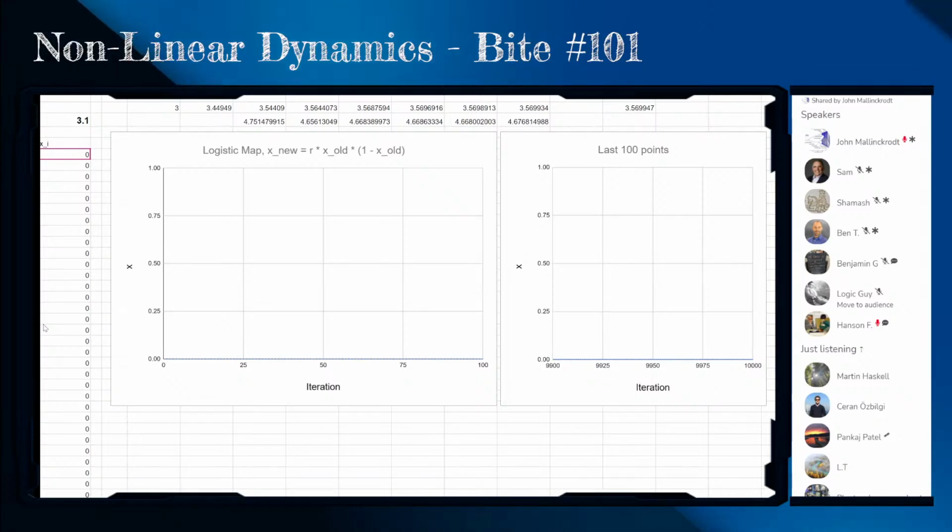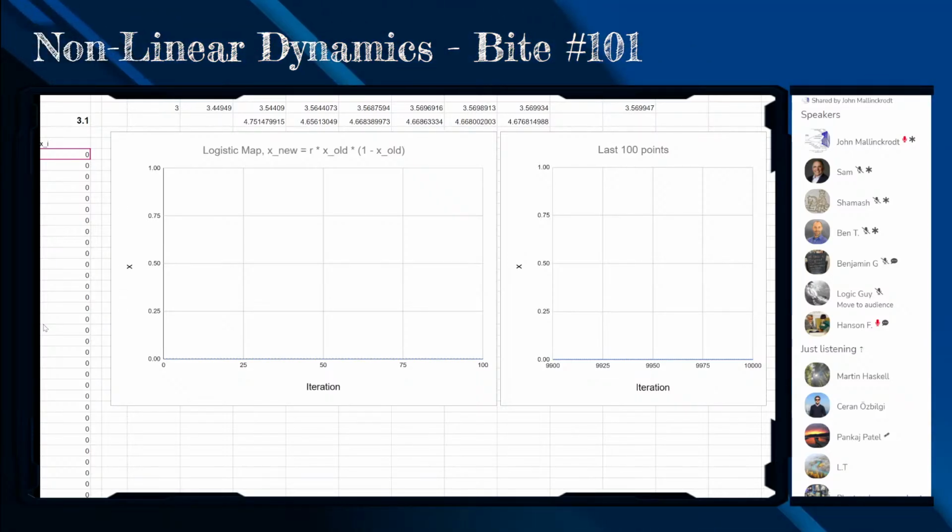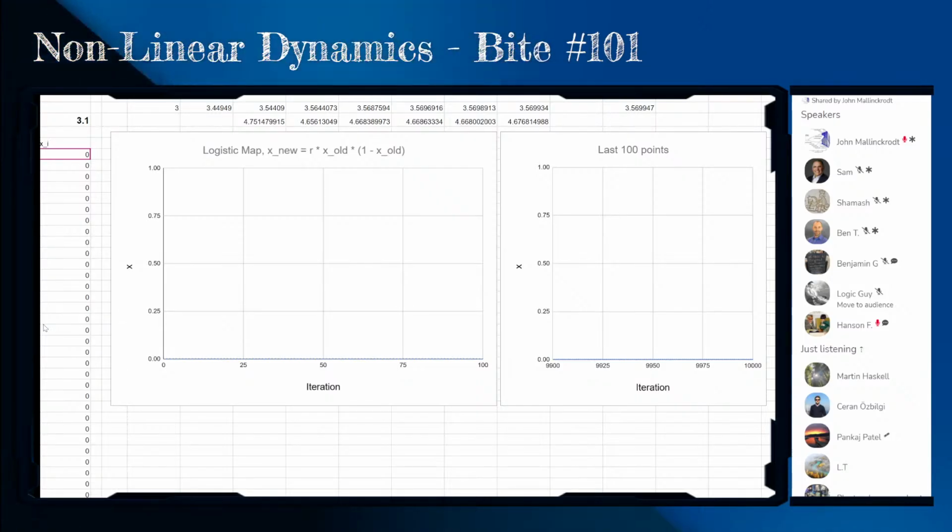So 0 is always a fixed point, but it's only for r values less than 1 that the sequence will go to 0. If you start at 0, it'll stay there, but it won't go to 0 unless r is less than 1. Does that make sense?